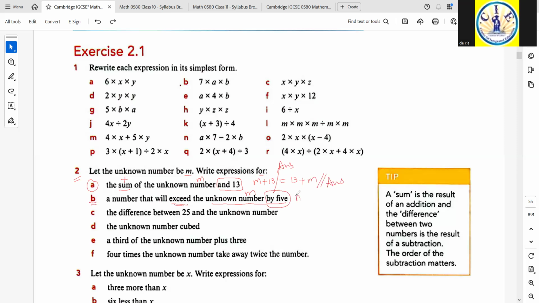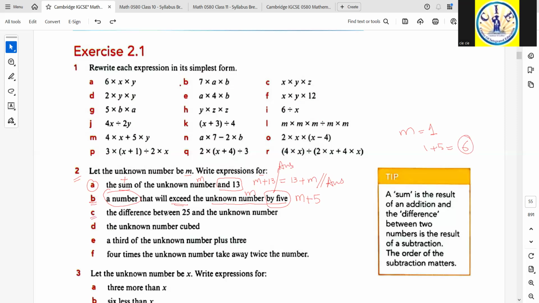So that would be m plus 5. Like for example, if the value of m is, let's suppose, 1, so this number would be 5 more than that. That means 1 plus 5, the other number is going to be 6. So the expression is m plus 5.